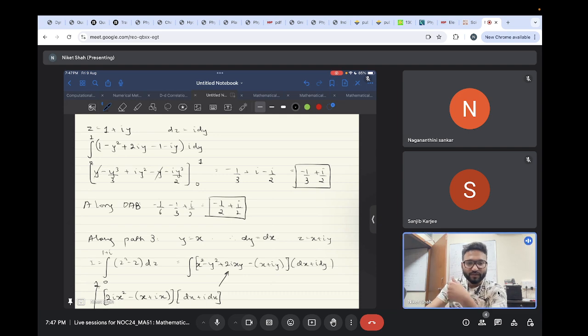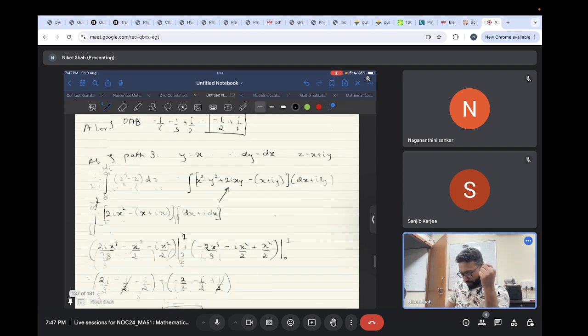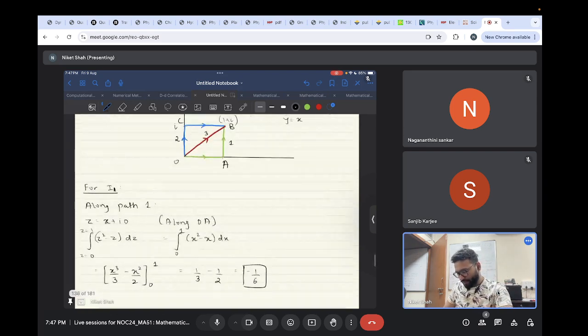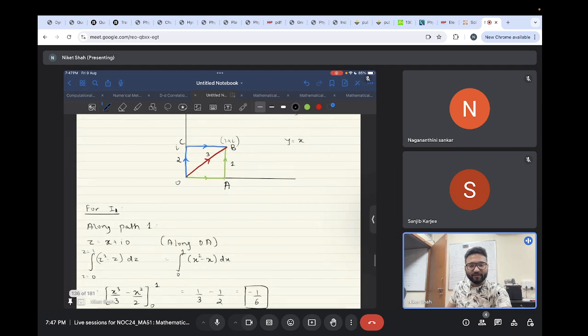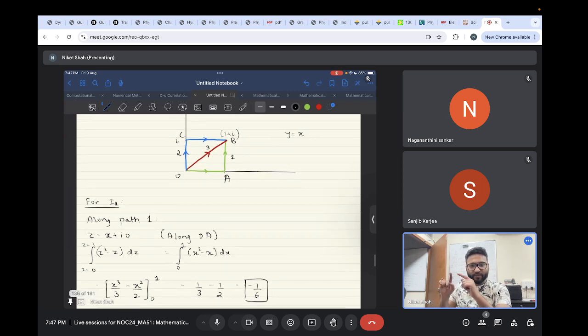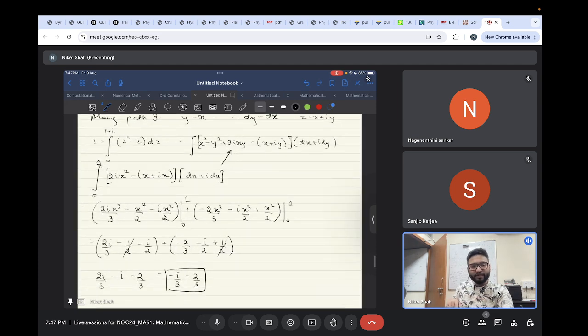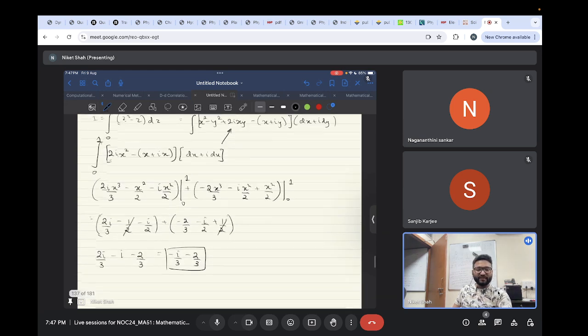How it comes 0 to 1? So here the limit is 0 to 1 because this is my path, right? This red colored path you can see here, path number 3 that I marked. That is my path. So when I'm going along that path, firstly I have put the equation y is equal to x because that is the path along which I'm moving, right? So when y is equal to x, I've converted the whole integral in the form of dx only.